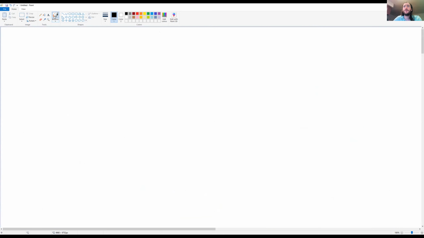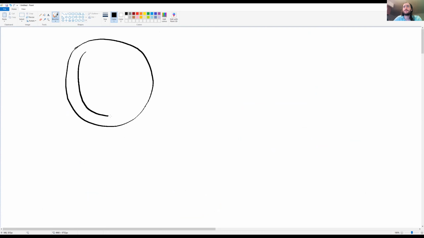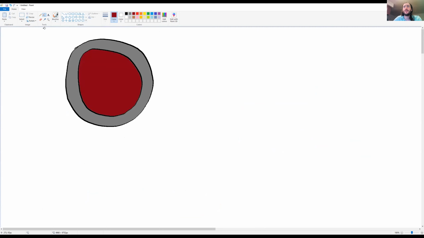If you have a situation where we have something like this, where this part here is some material and this part here is some other material, the total moment of inertia is the sum of the moments of inertia of the two individual pieces.